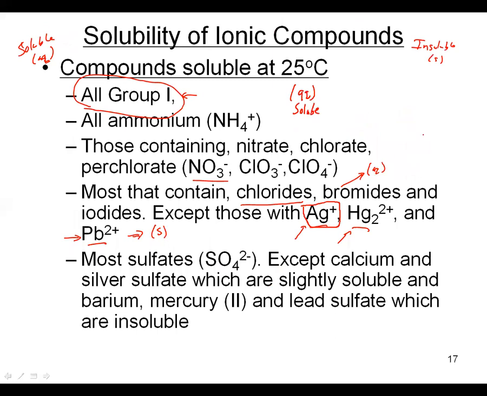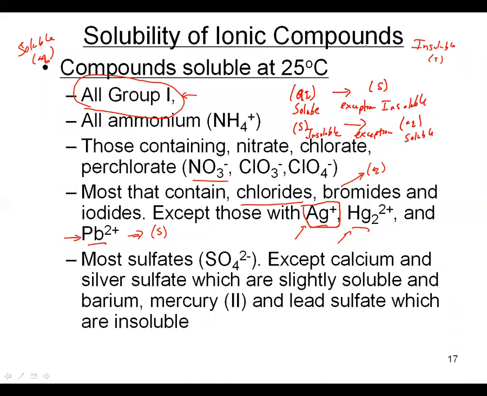But an exception would mean it would go from soluble to insoluble, and from being aqueous to a solid. So if something is normally soluble but it is one of the exceptions, it goes from soluble to insoluble. And the opposite is true as well for the other side. If something is normally insoluble and it's an exception, it will go from insoluble to soluble.